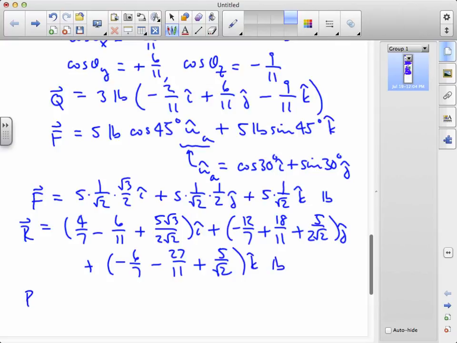And if we evaluate those numbers, we end up with 3.088 in I plus 1.690 in J plus 0.224 K pounds.